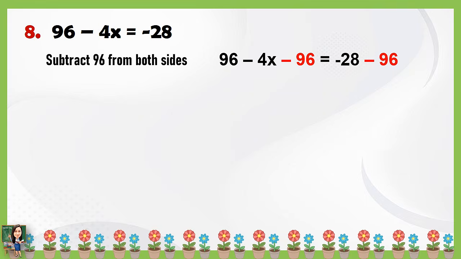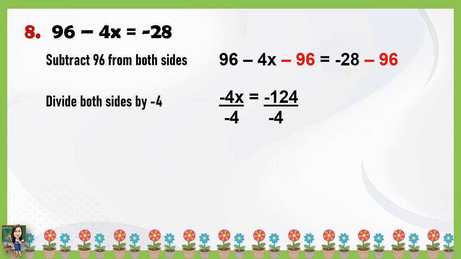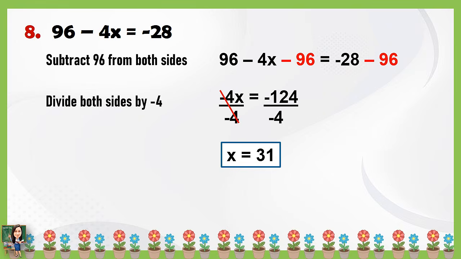Then, negative 28 minus 96 equals negative 124. Then, divide both sides by negative 4. Cancel both negative 4. The remaining is x. Then, negative 124 divided by negative 4 equals 31. The answer is x equals 31.